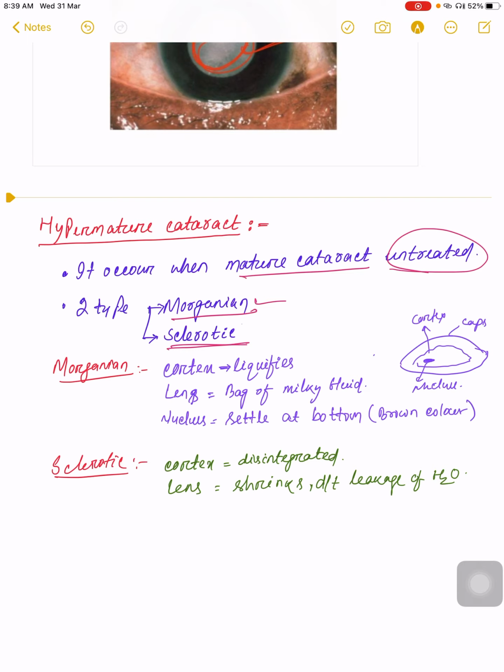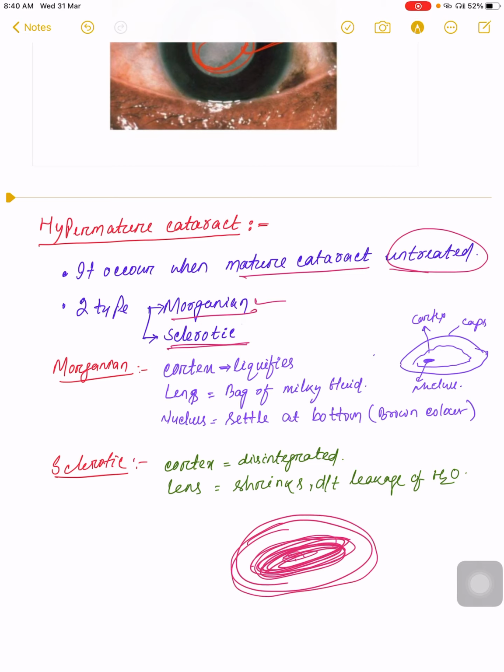What happens in Morganian cataract? Due to excess fluid deposition, the lens cortex liquefies inside the capsule. If you see, this is the capsule, this is the lens. The lens becomes a bag of milky fluid, totally fluid inside.